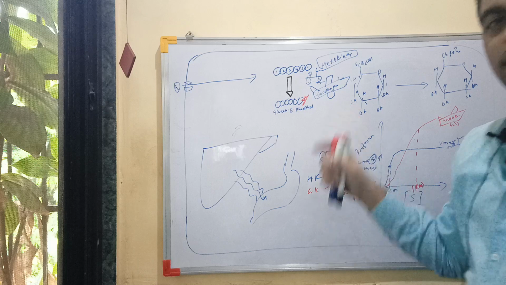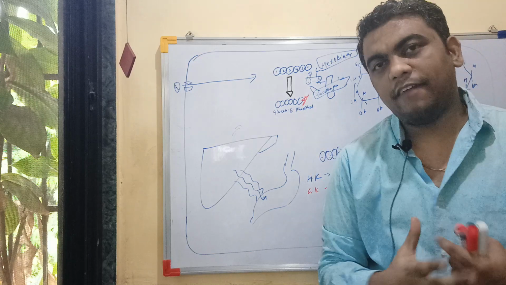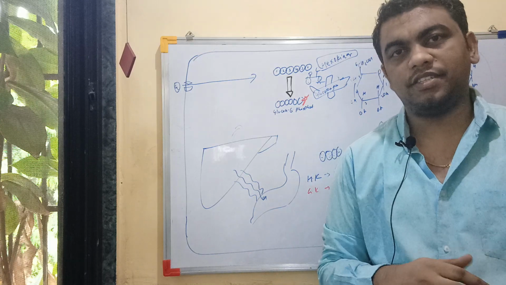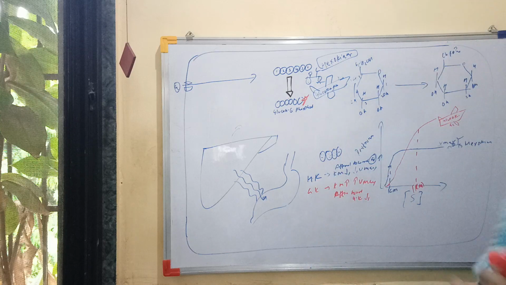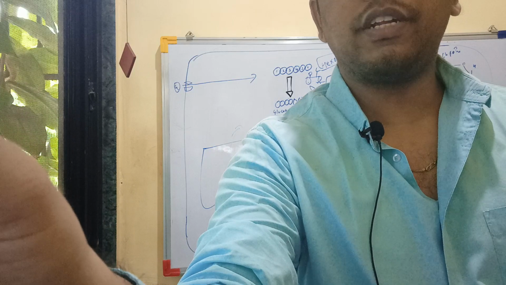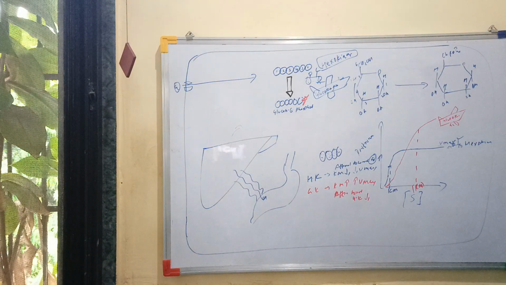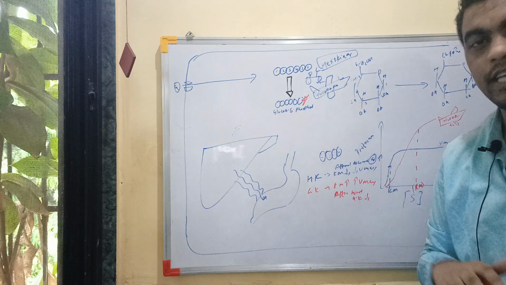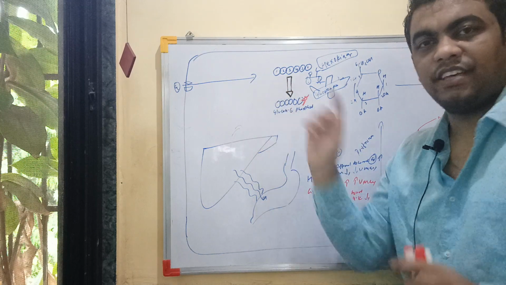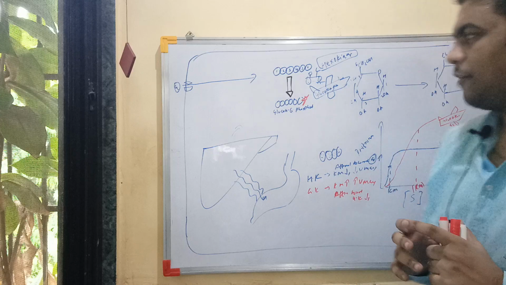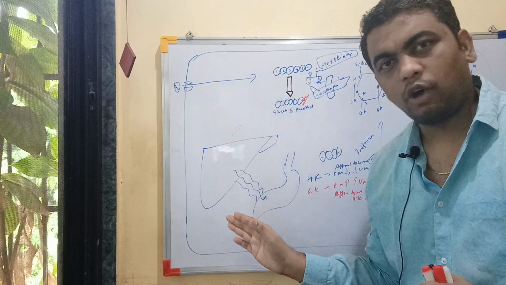Let's talk about the regulation, because with glycolysis we have to learn the regulation of glycolysis. Regulation of glycolysis means regulation of these enzymes. As these steps are irreversible, you have to understand there are some steps in glycolysis.